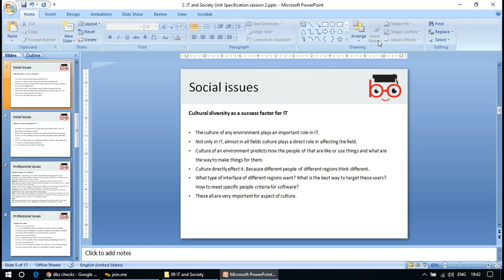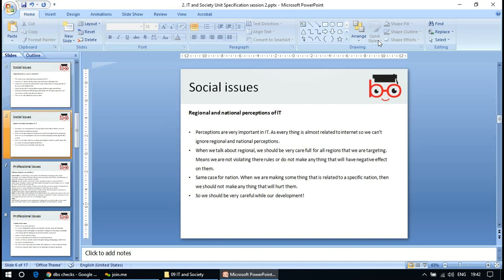Obviously, not only in IT but in job recruitment, the UK law claims that there is no discrimination in being accepted based on culture, religion, and ethnicity, isn't it? Absolutely. Obviously, everywhere in the world in modern society, that kind of discrimination is not encouraged.